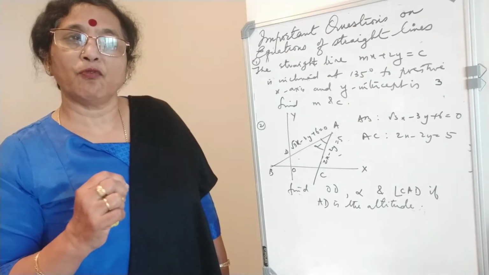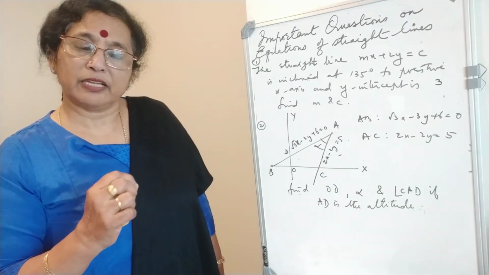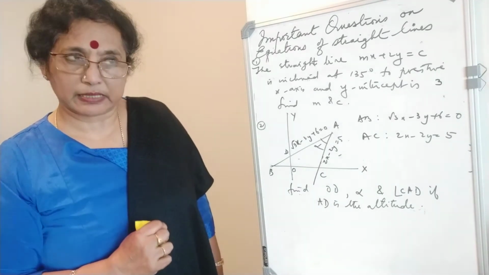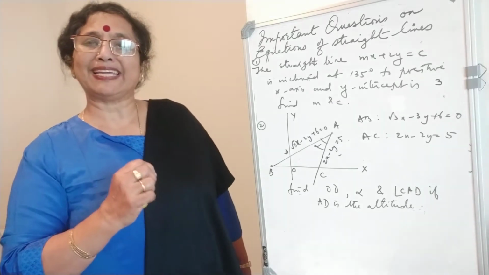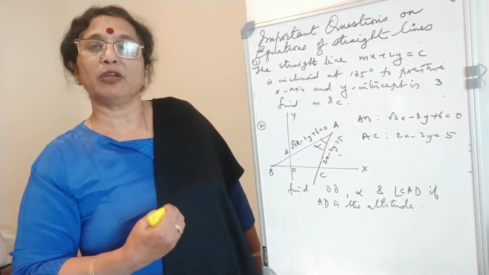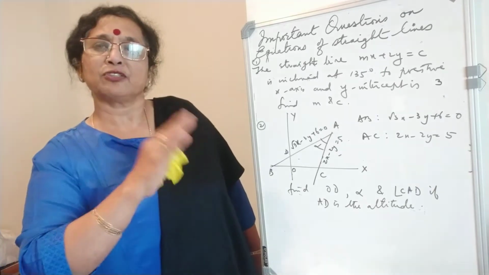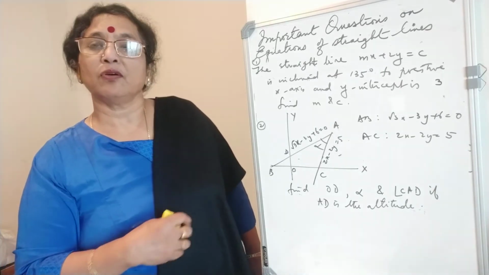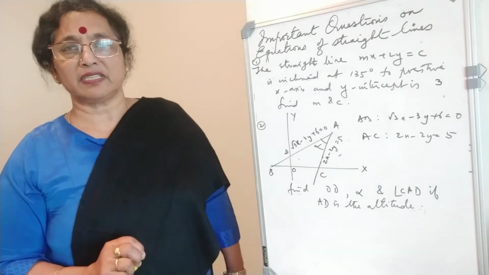That will be read and explained in rotational angles in standard 11 mathematics. For now you know that tan 120 is minus tan 60, because the supplementary angle is 60 degrees. It is the reverse direction, you can think that way. So minus tan 60. Tan 110 will be minus tan 70 degrees.